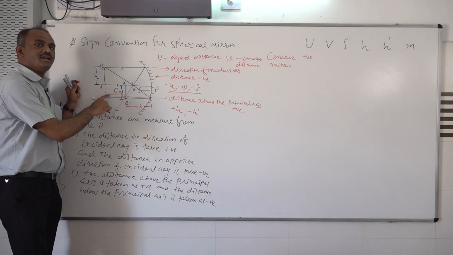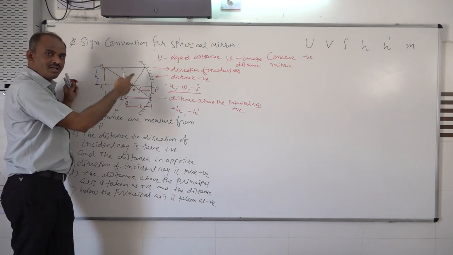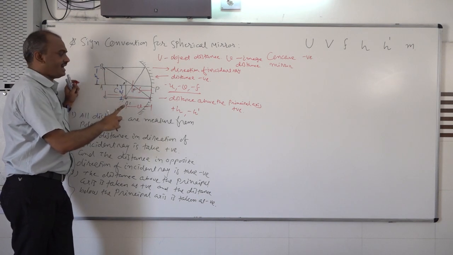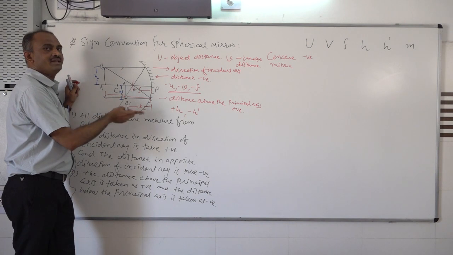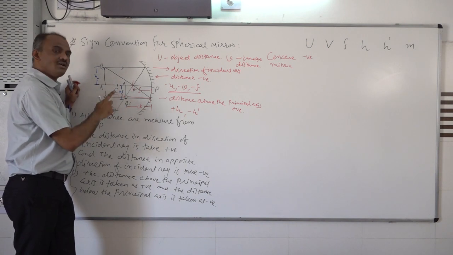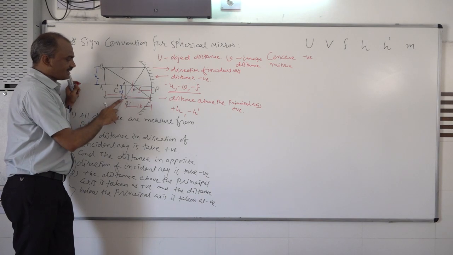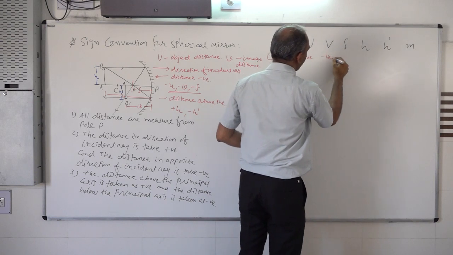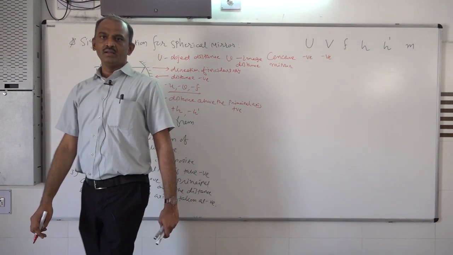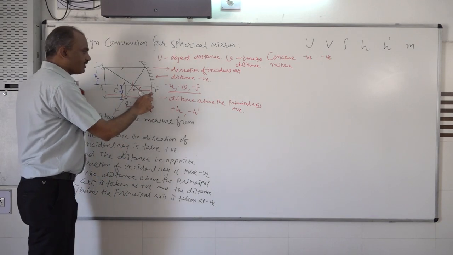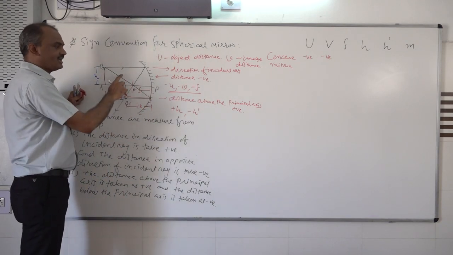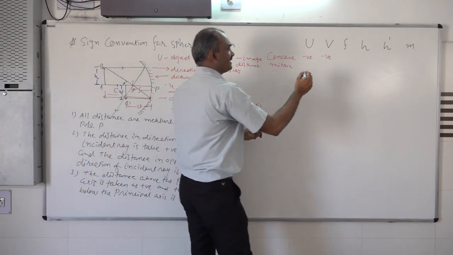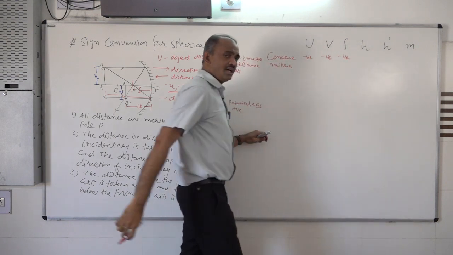When we keep the object at infinity and move it towards the mirror, except for a single case, we get a real, inverted image on the same side of the mirror. So in all these cases, image distance v is also negative. Similarly, the focal length for the concave mirror is in the opposite direction of the incident ray, so focal length for the concave mirror is always negative.